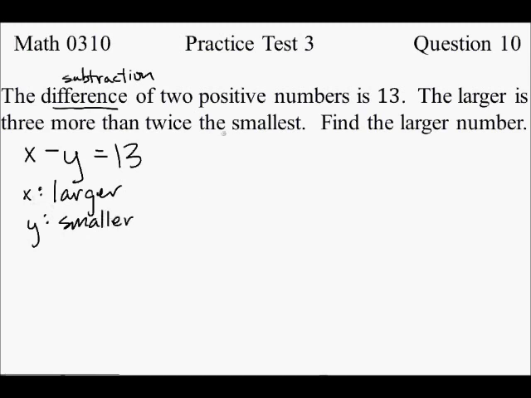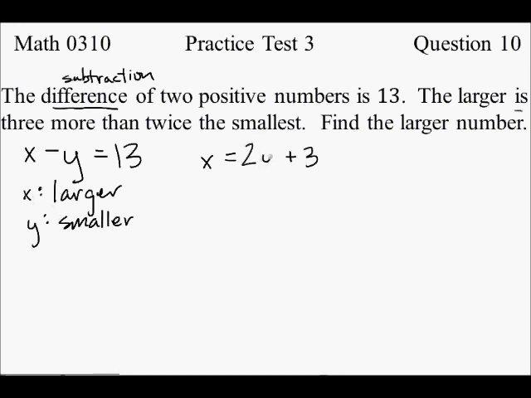Now we can go on with the next sentence. It says the larger is, so we look at what we made here, and that really helps us out. The larger, which we said was x, is means equals. 3 more than: I stop right there and say I'm going to be adding 3 to something. 3 more than means add 3. And the rest of the sentence says twice the smallest. Twice the smaller one would be 2y.